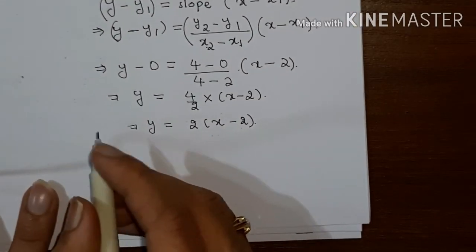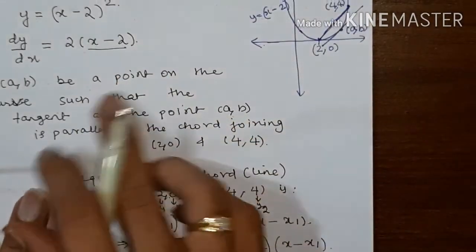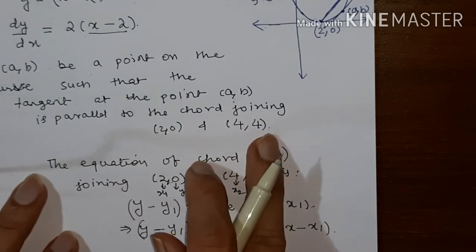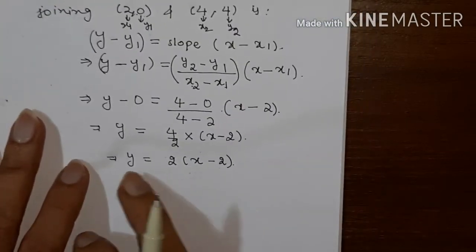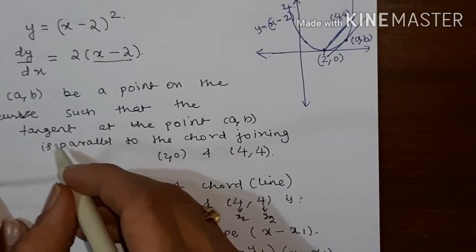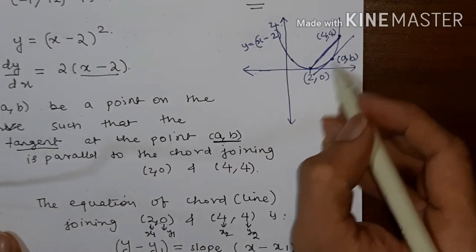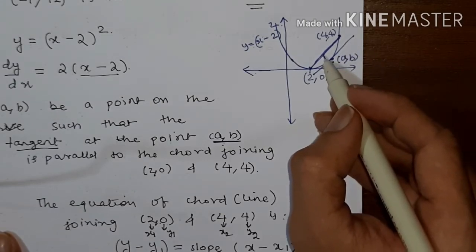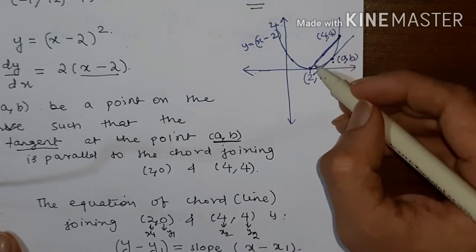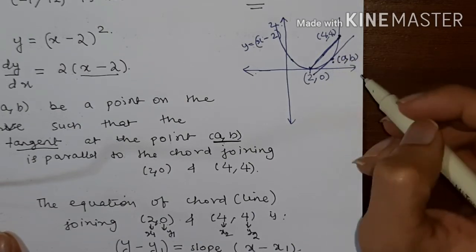Now since we have to find the point at which the tangent is parallel to the chord joining these 2 points, and the equation of the chord is this, the slope of the tangent at this point a comma b is equal to the slope of this line, because both should be parallel.